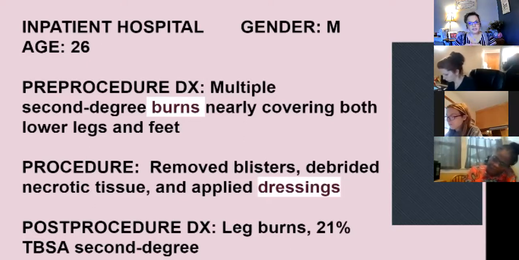So we're looking at our percentage here, and we have a choice of 1, 2, 3, 4, 5, 6 codes.